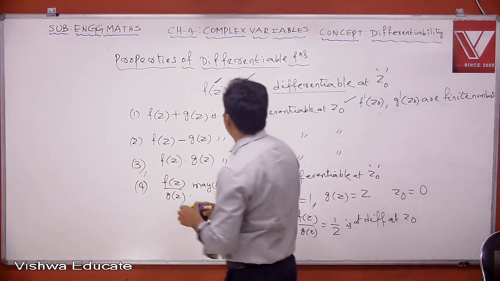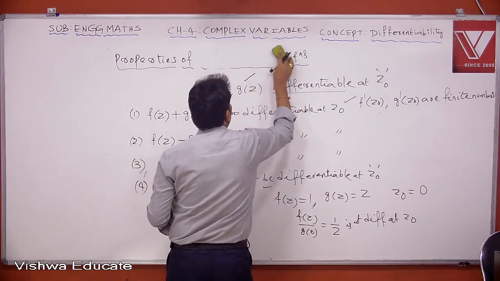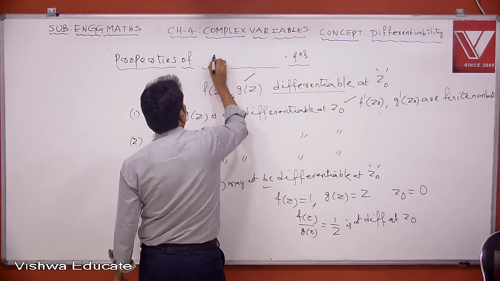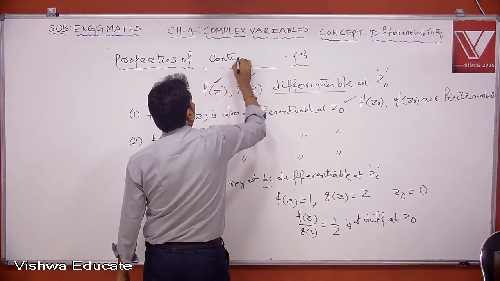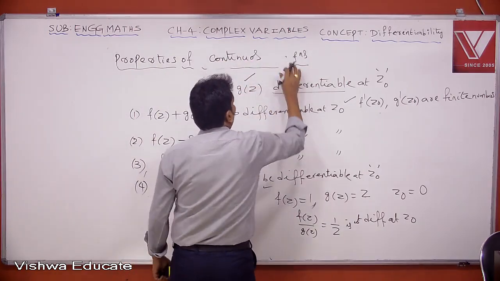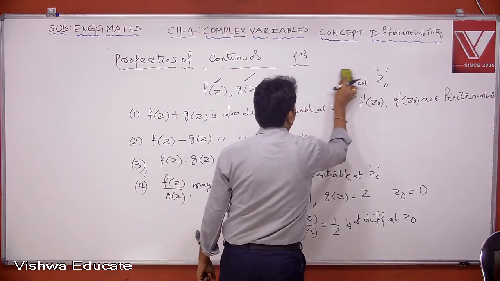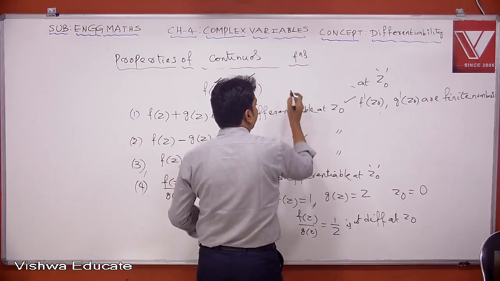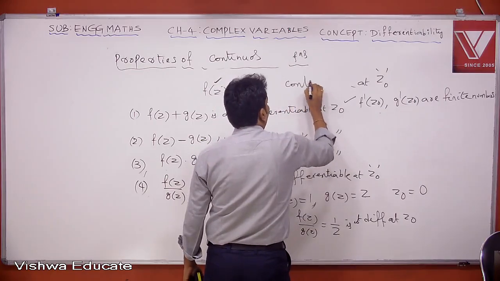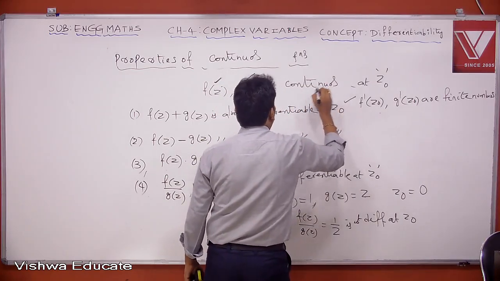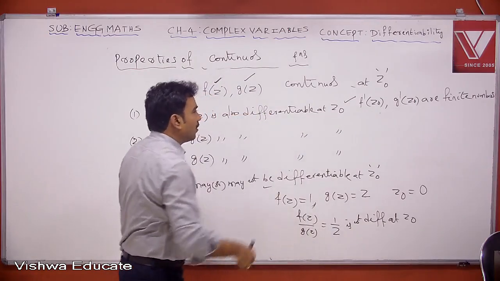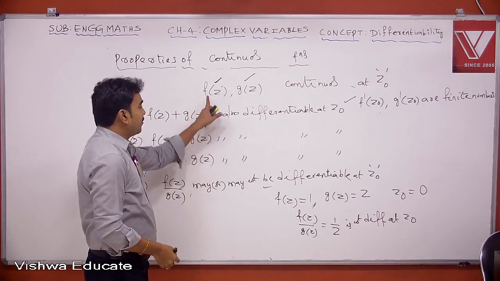Now, next concept is properties of continuous functions. The same properties are applicable, but in place of differentiable, you need to write continuous. Suppose we have f of z and g of z, my variable is z.